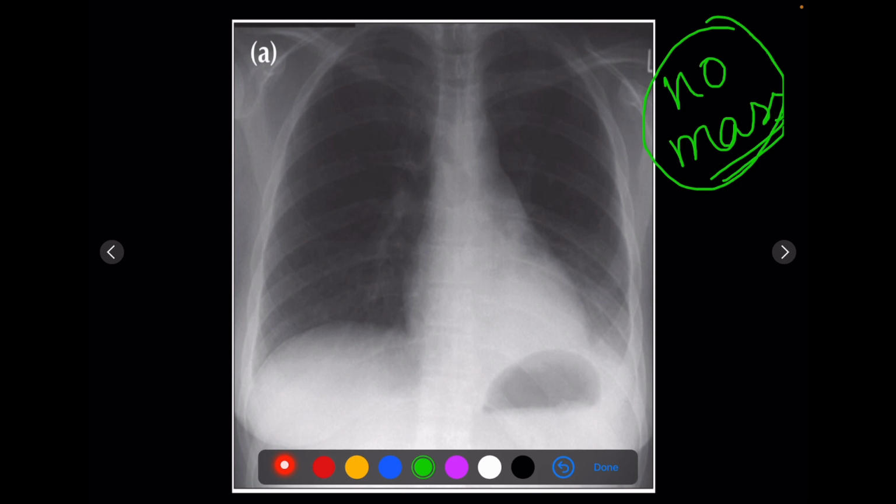This is a normal X-ray. No, this is not even a normal X-ray. So what is happening? There is an opacity. Where is the opacity? I cannot see the opacity, sir. That means just look here.